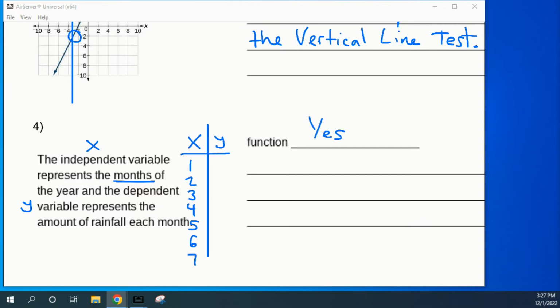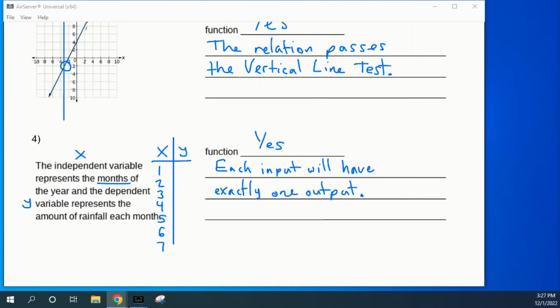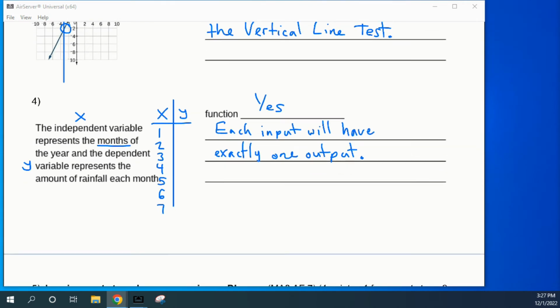And I'm just going to use the general explanation: each input will have exactly one output, because again, the months are not going to repeat. So really it doesn't matter what our rainfall totals are. All right, that is the first page. Moving on.